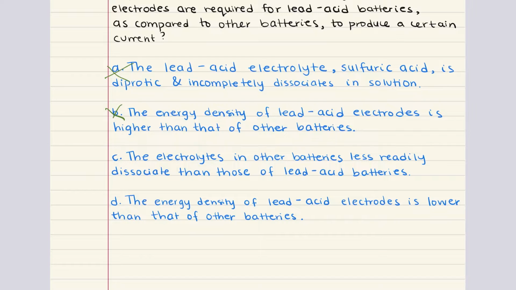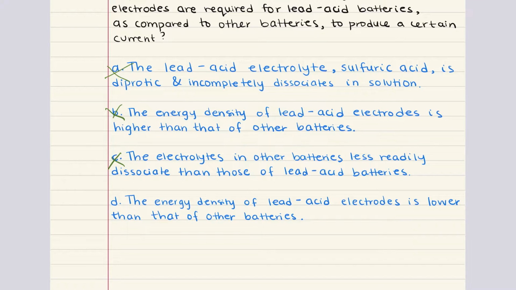C says the electrolytes in other batteries less readily dissociate than those of lead-acid batteries. This statement does not address the key issue of energy density and the mass of electrodes. The dissociation of electrolytes does not directly relate to the mass of electrodes that are needed. So answer choice C is also incorrect.